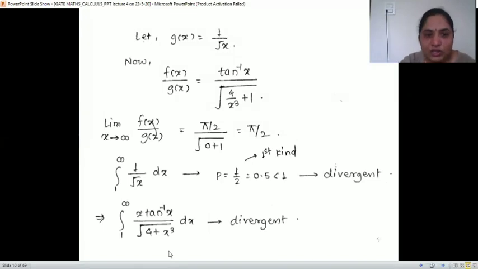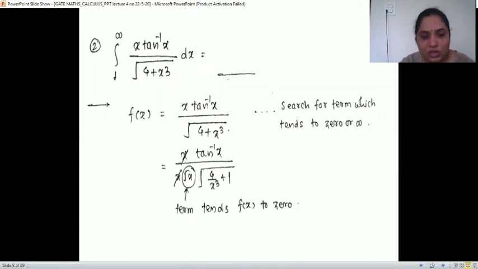Then we have to consider a function g of x. Generally, we write g of x as the root term, leaving out the tan inverse term, whatever term in f of x is tending to 0.